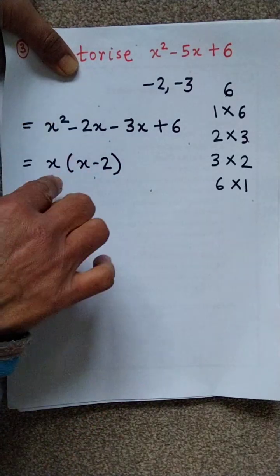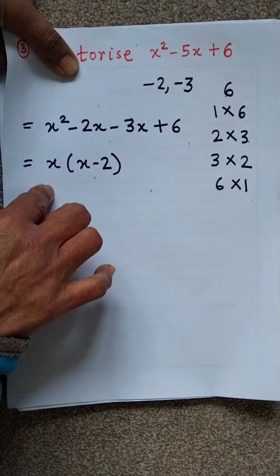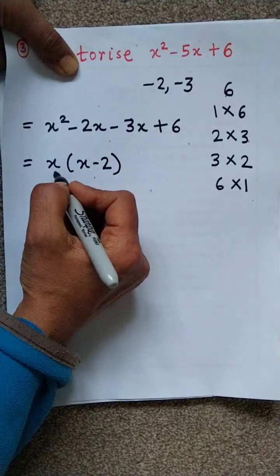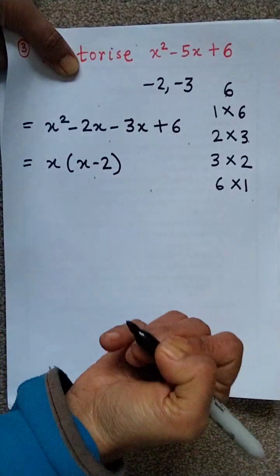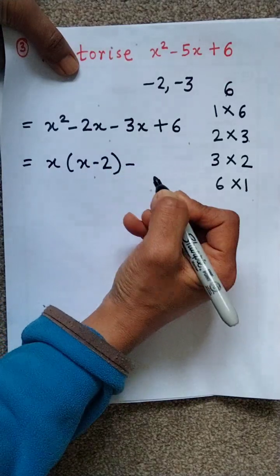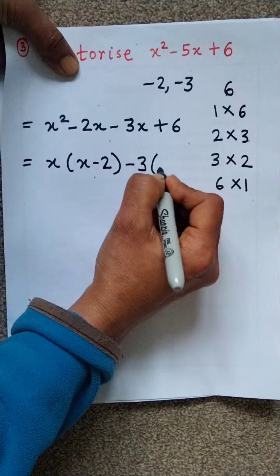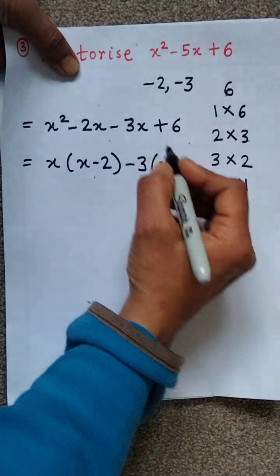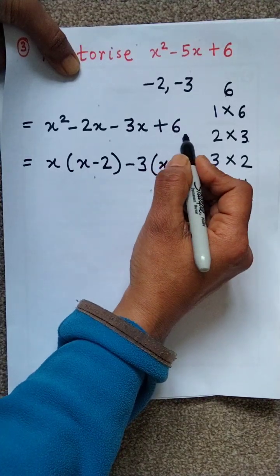X times x is x square, and this is 2 times x, so x is outside. We take x outside and put x minus 2 inside the bracket. Now here, remember, we have to put minus sign here. Put -3 here. And what remains here? X.